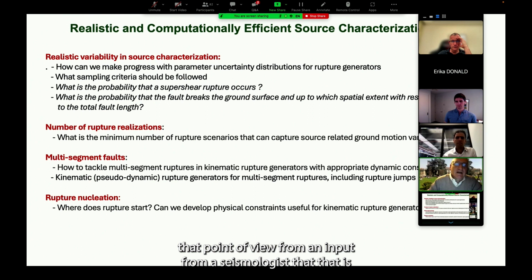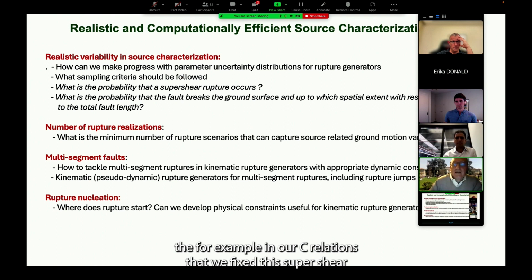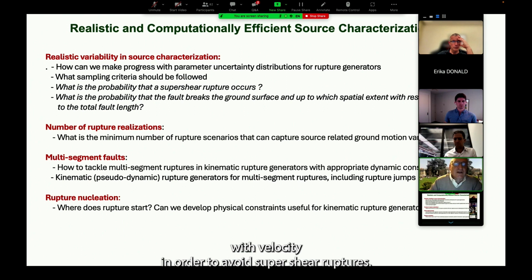That is, as I have shown in my presentation, it really matters the possibility to better tune the range of possible ground motion and the probability distribution. Of course, for example, in our simulations, we fix the rupture velocity lower than shear wave velocity in order to avoid supershear ruptures.